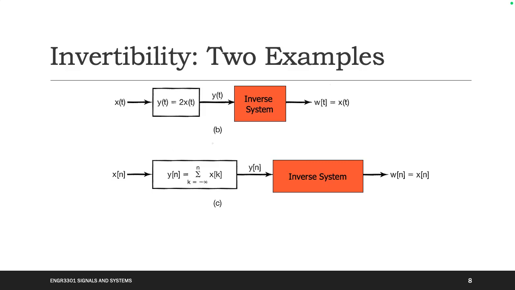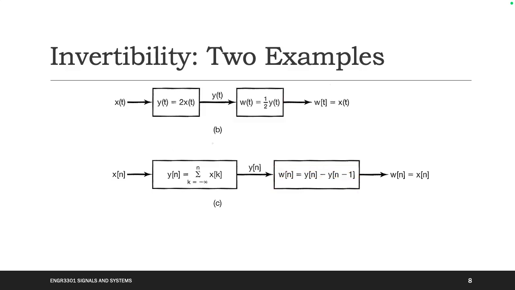Which means if you want to get this one, you just subtract the sum of x[k] up to n-1. This is just this system. Actually it is y[n] minus y[n-1]. That makes sense to you?